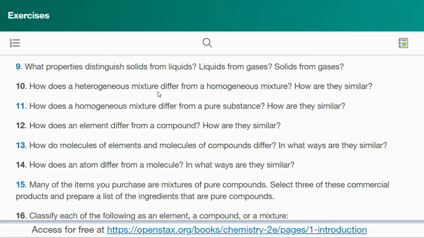And the difference between solids and gases: gases adopt the shape of the container. So now those are my answers.